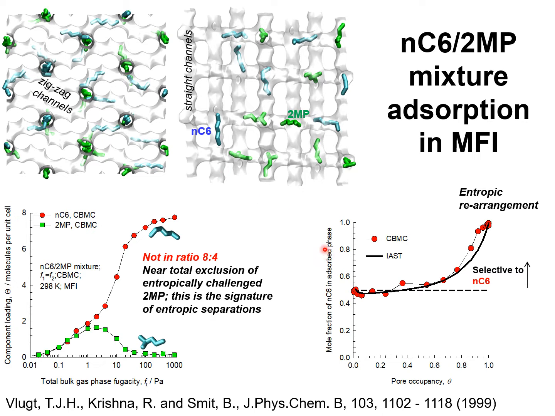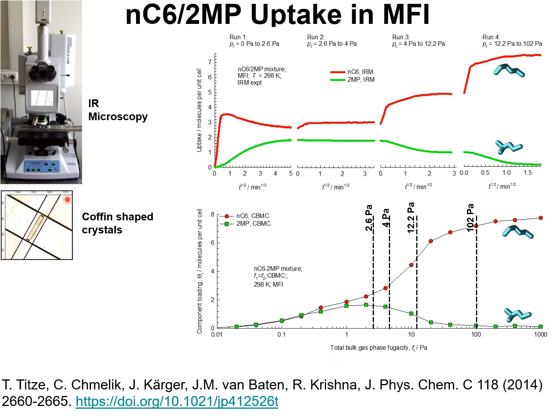Let us seek experimental verification of the data that was first published in 1999 using molecular simulations. Let's look at the first uptake experiment. Here I show experimental data on the transient uptake of mixtures of normal hexane and 2-methylpentane in MFI zeolite.